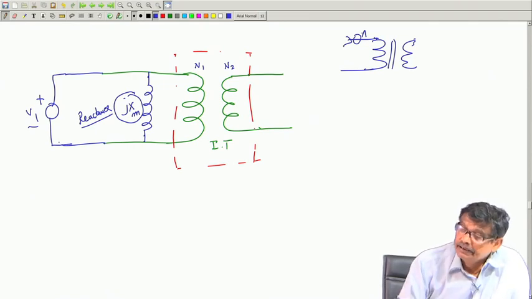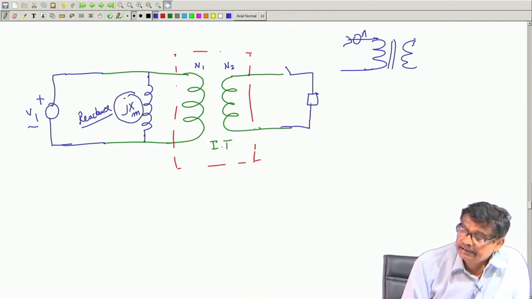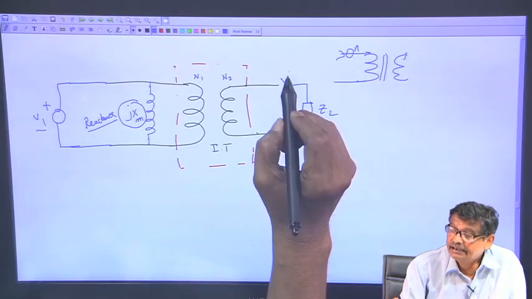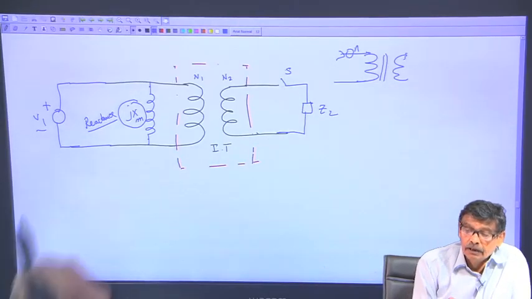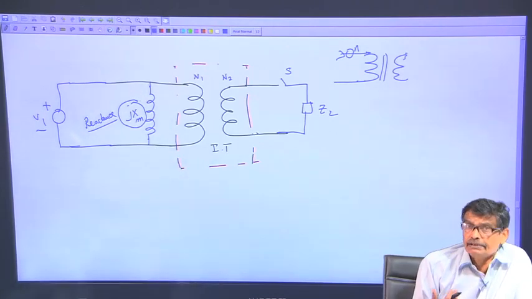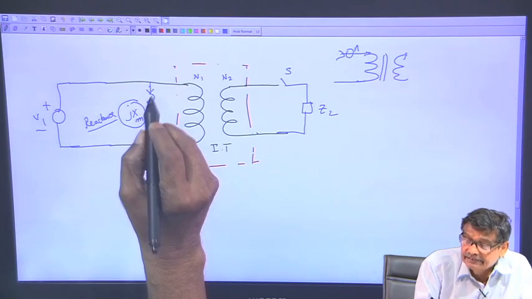You see, there is a load Z2 connected like this, with S opened. This, as I told you, is a reactance. I have modeled the transformer, thought okay, I will represent it. So, what is this current?